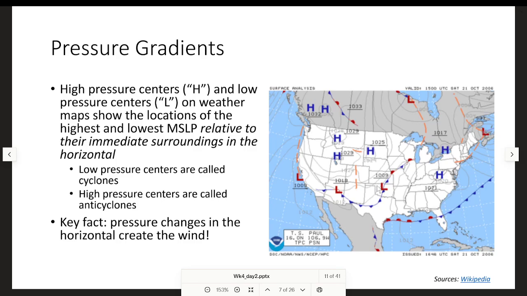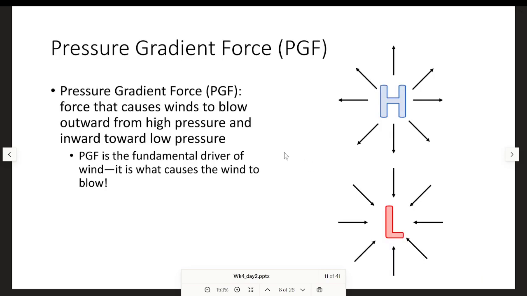These are called cyclones, and they rotate counterclockwise. And the high pressure rotates clockwise, and it's pushing air away, while low pressure is kind of like sucking air in. Key fact: pressure changes in the horizontal create the wind. Yeah, like we said.